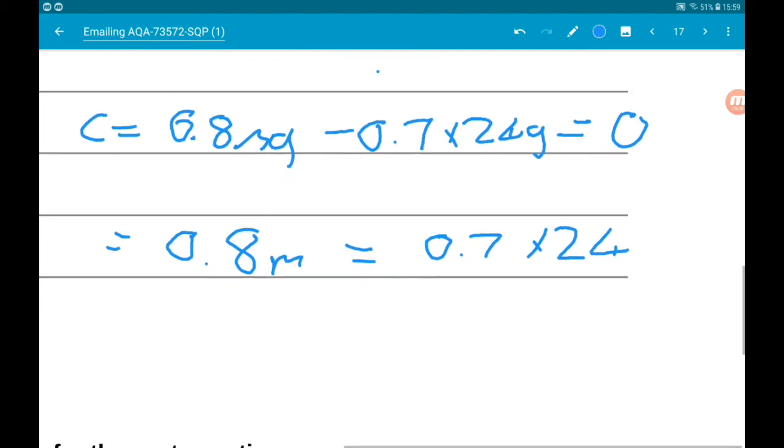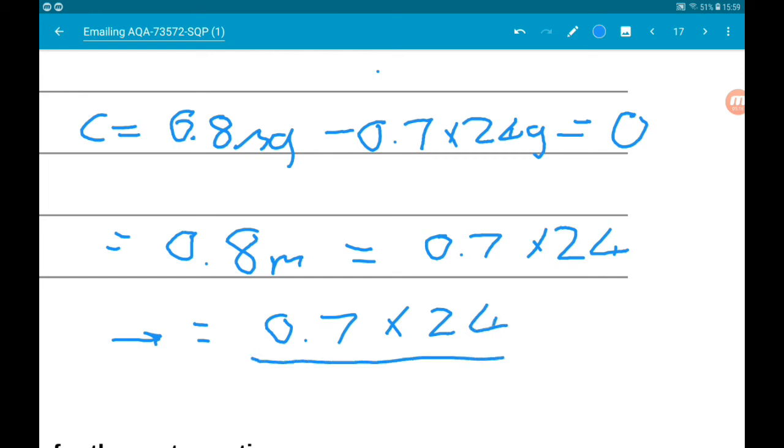So m is 0.7 times 24 over 0.8. And that gives us 21 kilograms.